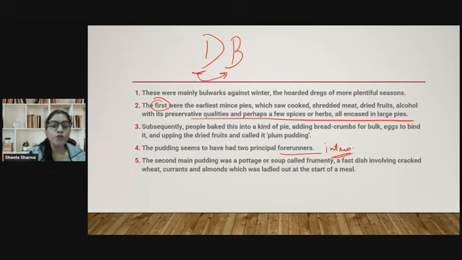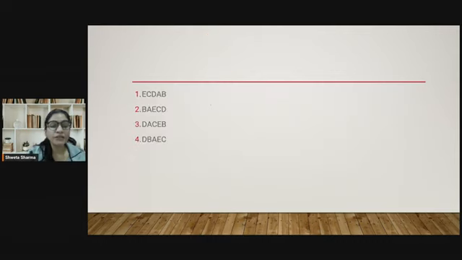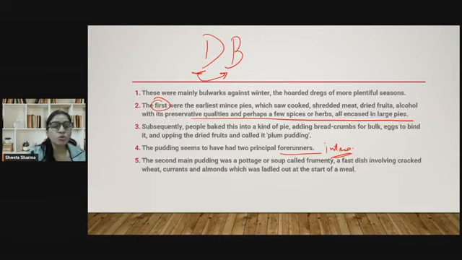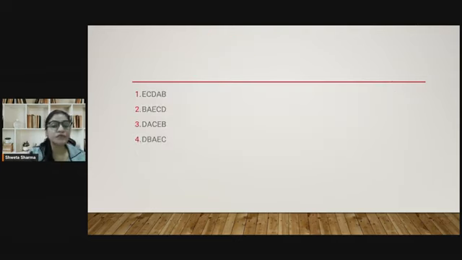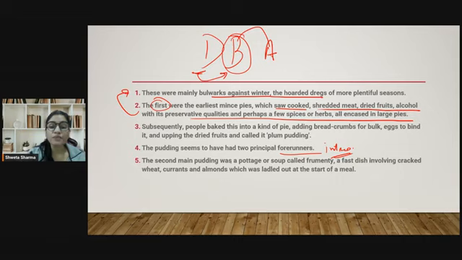Now, can I go for the second one? The second main pudding, right? That is what we have. These were mainly bulwarks against winter, the hoarded dregs of more plentiful seasons. So what is given in B is further explained in A. Then you have E, which says the second main pudding was a pottage.